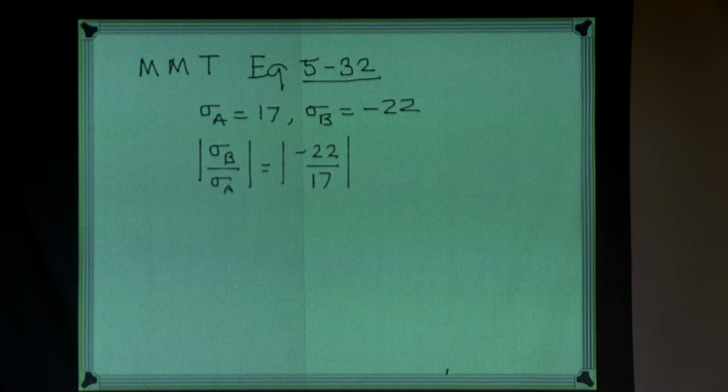Absolute means you don't look at the signs, so it's 22 divided by 17, and that ratio is 1.29, so it is more than 1. So if it's more than 1, then I'm looking at equation 5.32b, not a. A and b are both for sigma a more than 0, sigma b less than 0, but 5.32b is if this ratio is more than 1, then use that equation.